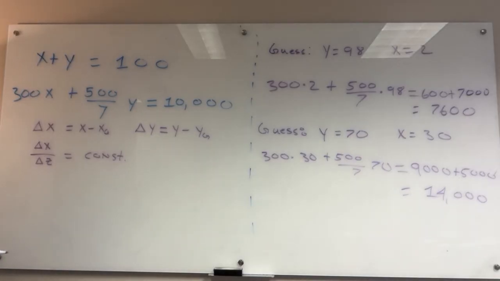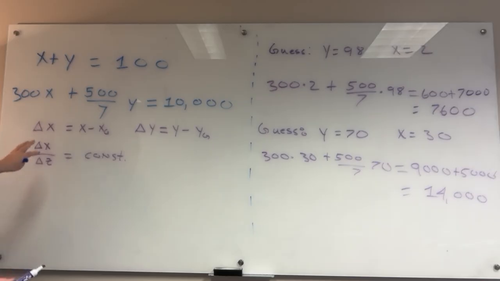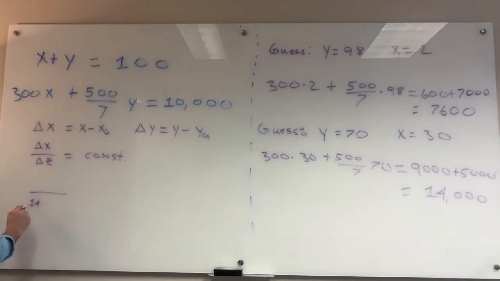So if I plug in the first guess, or let's do the second guess first, delta z is going to be 14,000 minus 10,000. So I'm going to have something over, let me write it out explicitly, 14,000 minus 10,000.